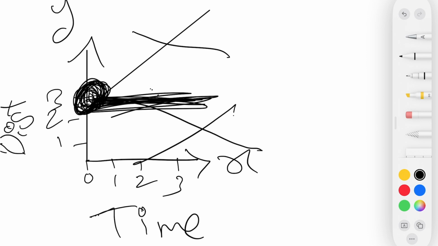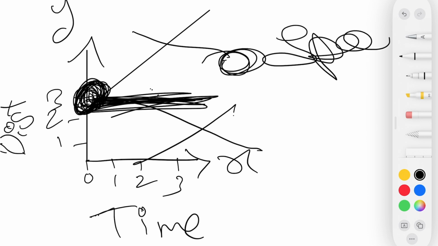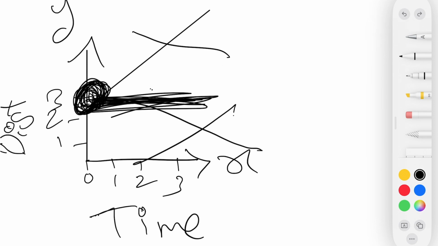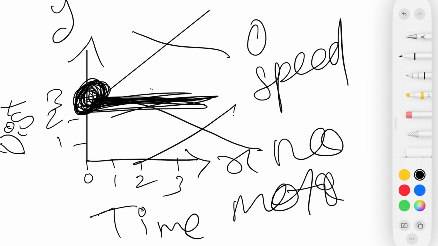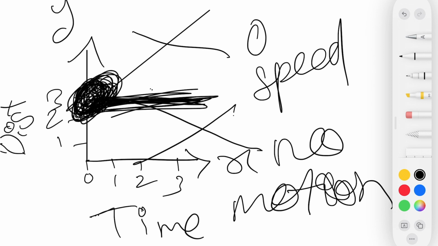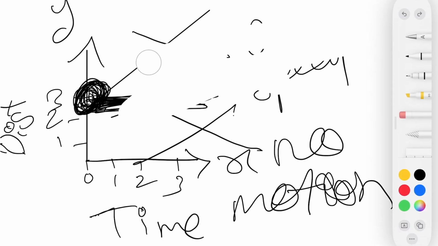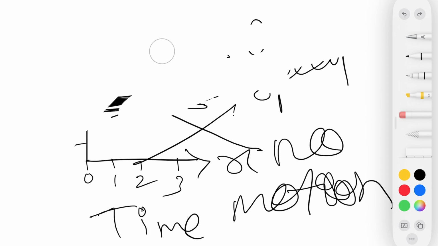That means that we are not moving, we are still. That means this graph is representing zero speed, that means no motion. Okay, so this is what that graph says. Remember that the starting point is from here in this graph.